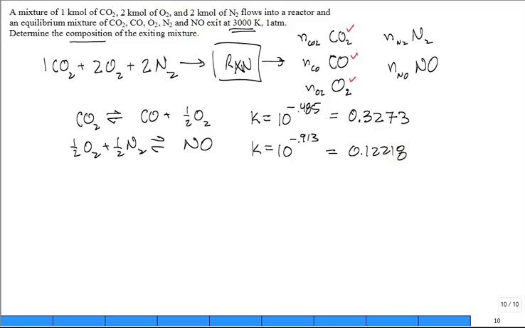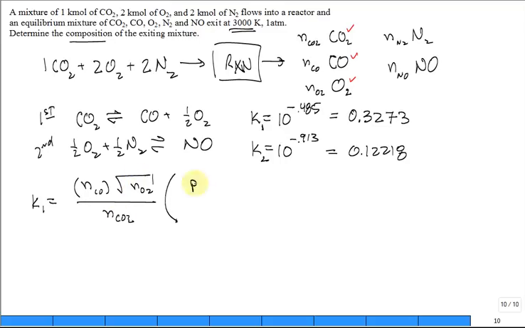And so we have to get now an equation for K for the first reaction and K for the second reaction. So K1 is equal to the amount of CO times the square root of the amount of O2, divided by the amount of CO2. Then we have the pressure divided by 1 atm. Well, it's 1 atm pressure, so it's 1 over 1.